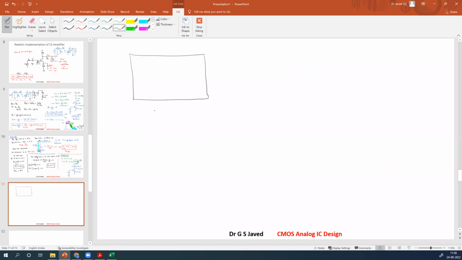The gray box has a minimum value and a maximum value. What is this minimum value? Vg minus Vt. What is the maximum value? Vdd. Vg minus Vt is 2. This is 15. This is for the input side.